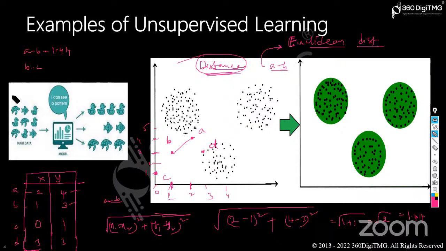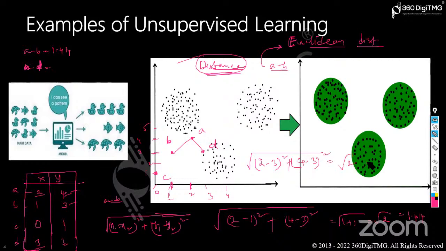Let us try and do the calculation for A and D, this pair. Square root of x1, x2, so I'll say 2 minus 3 whole square plus 4 minus 3 whole square.